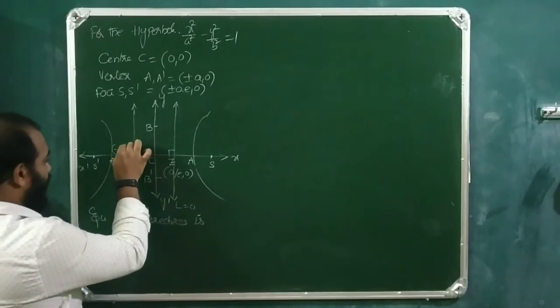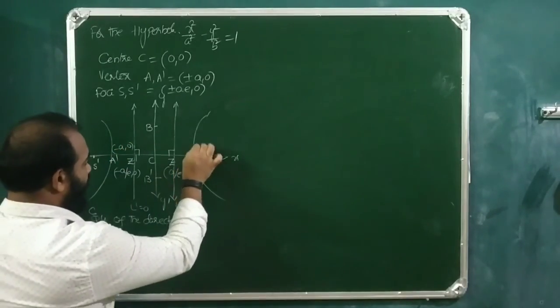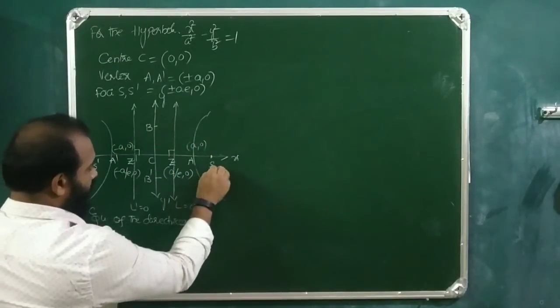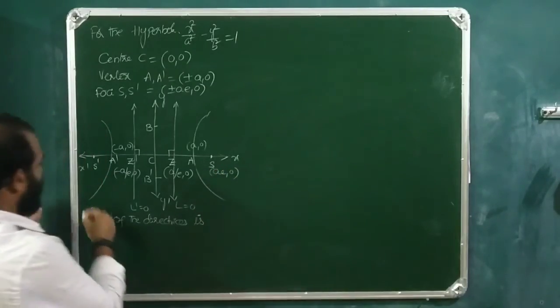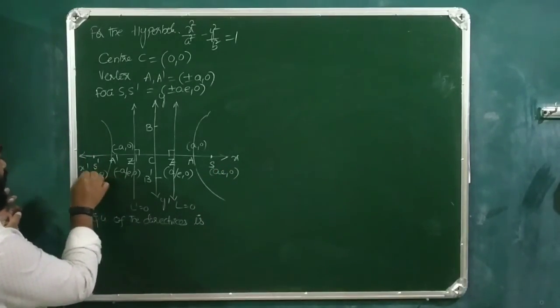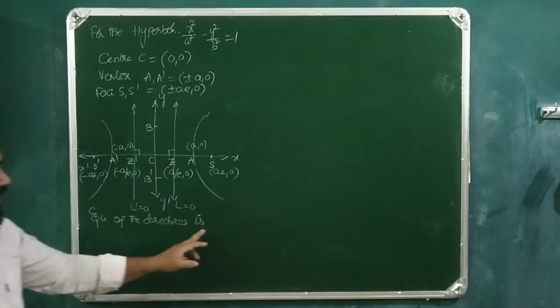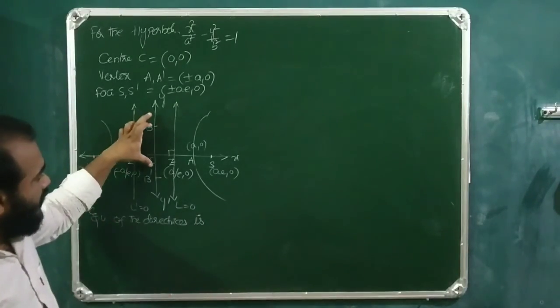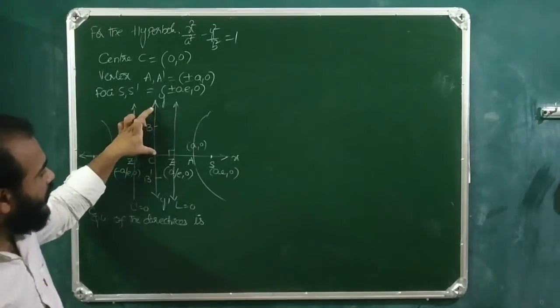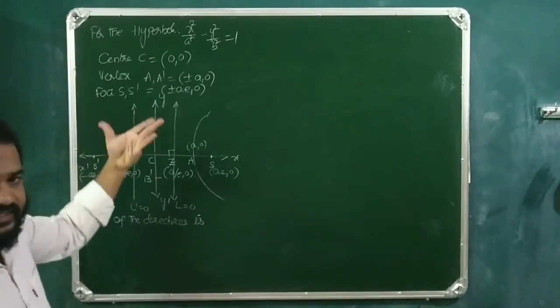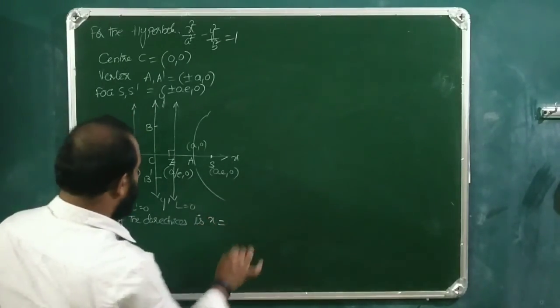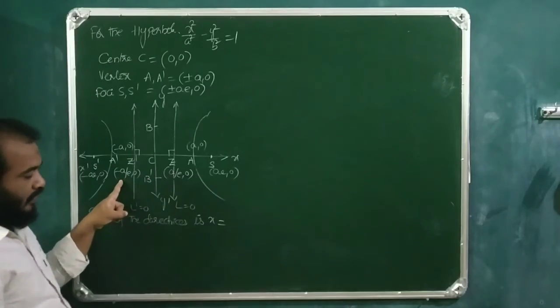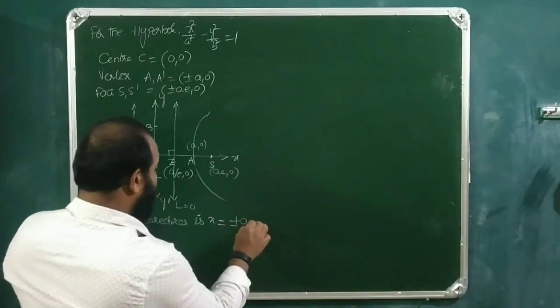This is minus a comma 0. This is a comma 0. This is a e comma 0. This is minus a e comma 0. So equation of the directrices is the line which is parallel to y-axis, in the form x equals to a by e, minus a by e. So plus or minus a by e.